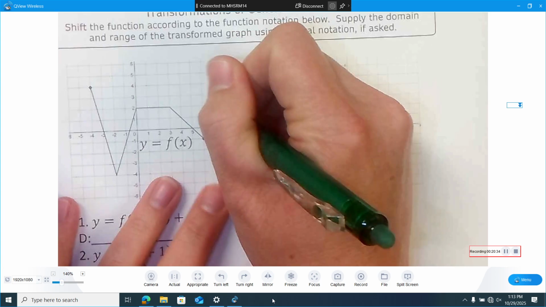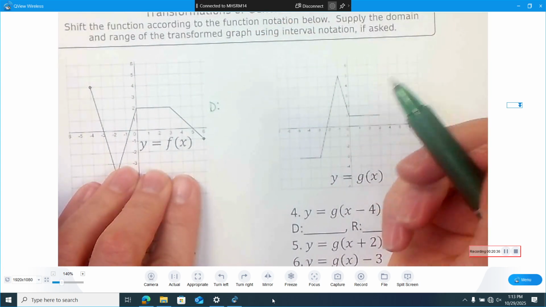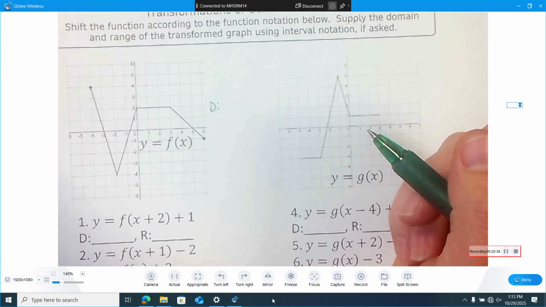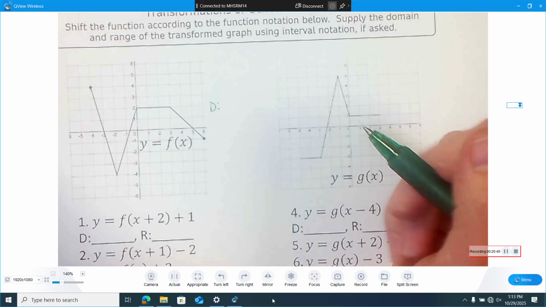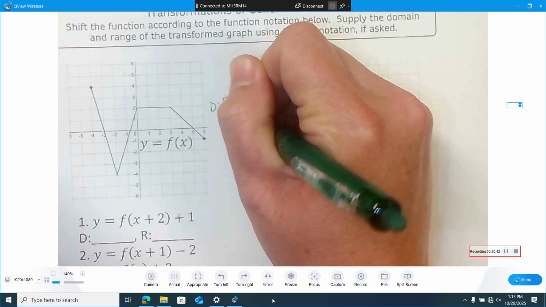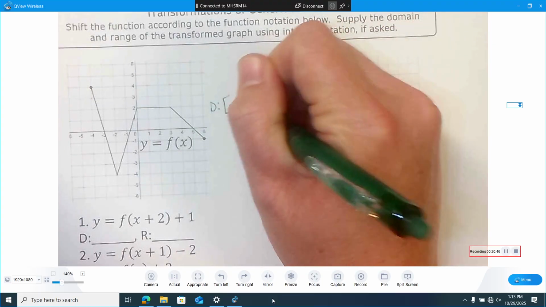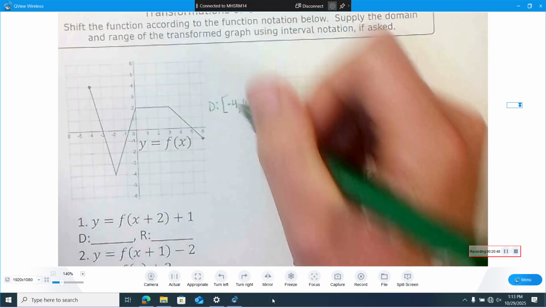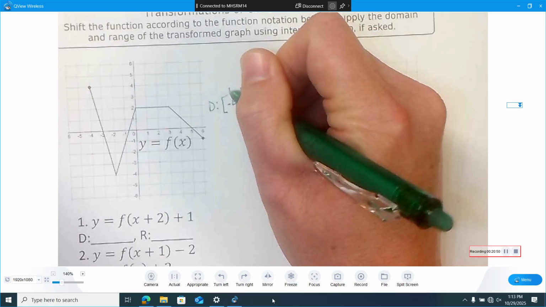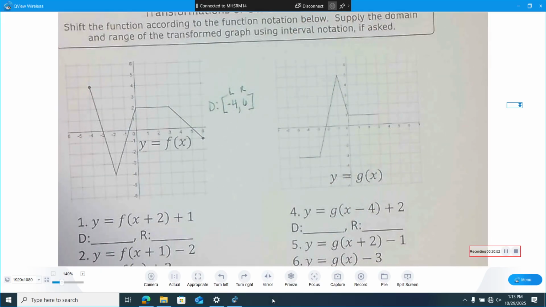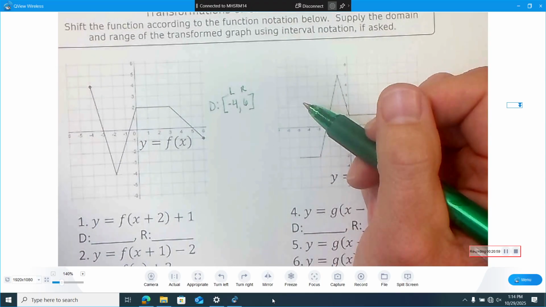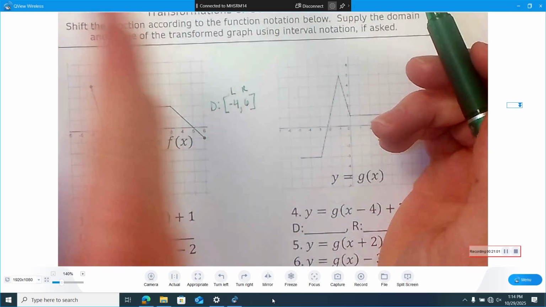What is the domain of my original function here? Good. Perfect. Good job. Domain is, remember, how far left and how far right your function goes. And we have nice solid dots there. So that definitely goes from -4 to 6 on the left to the right there.